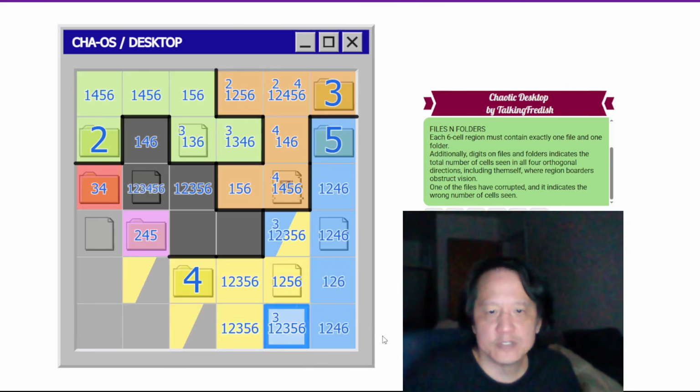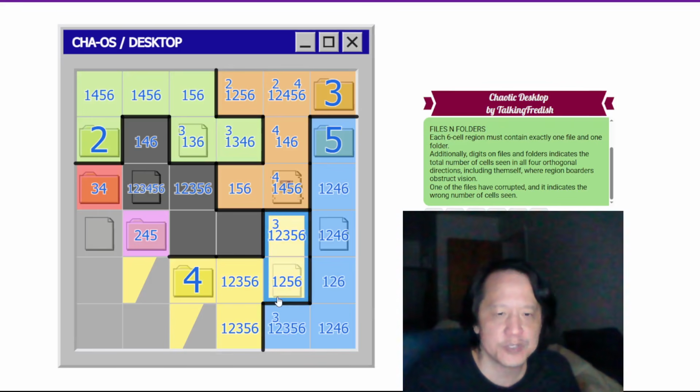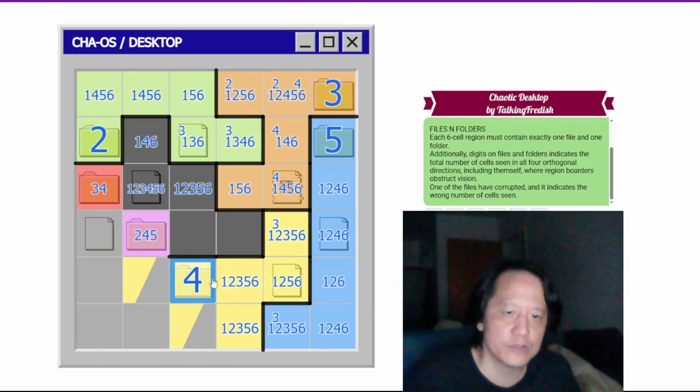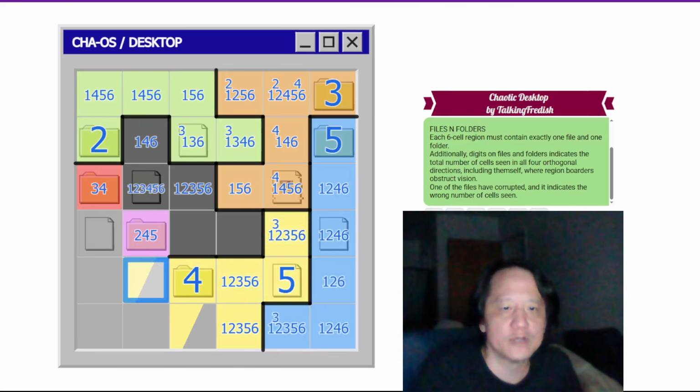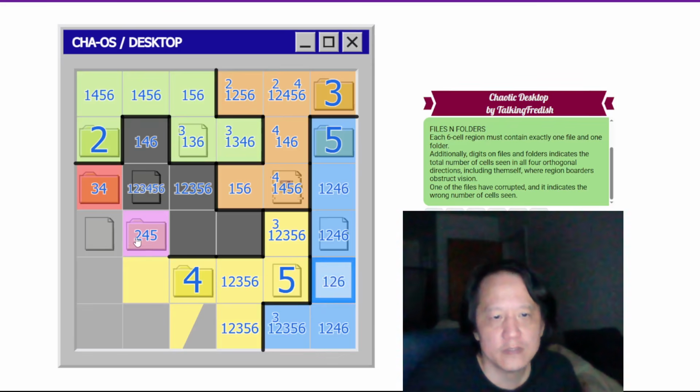Again, if this is not yellow, it's blue. That means this can't be blue, it's yellow. This sees 4 cells. This is the corrupted cell. So this can't be corrupted. It sees 1, 2, 3, 4. It has to see 5. So that's 5, which means this is not medium. This actually looks fine.